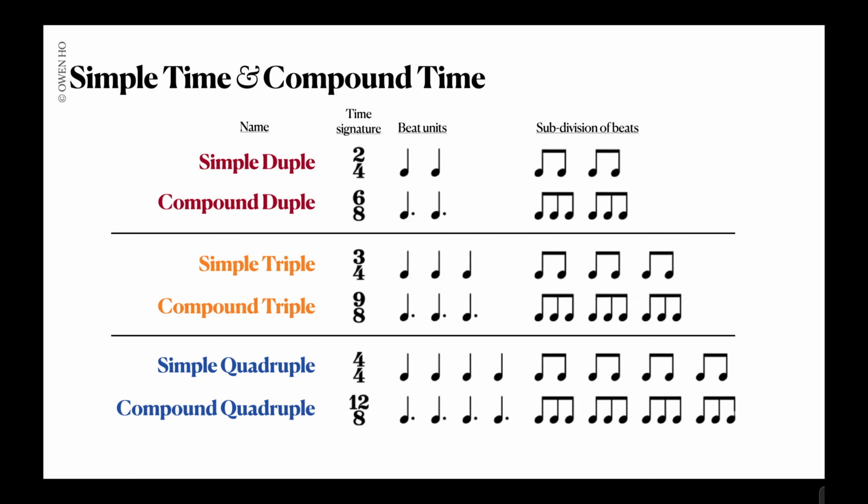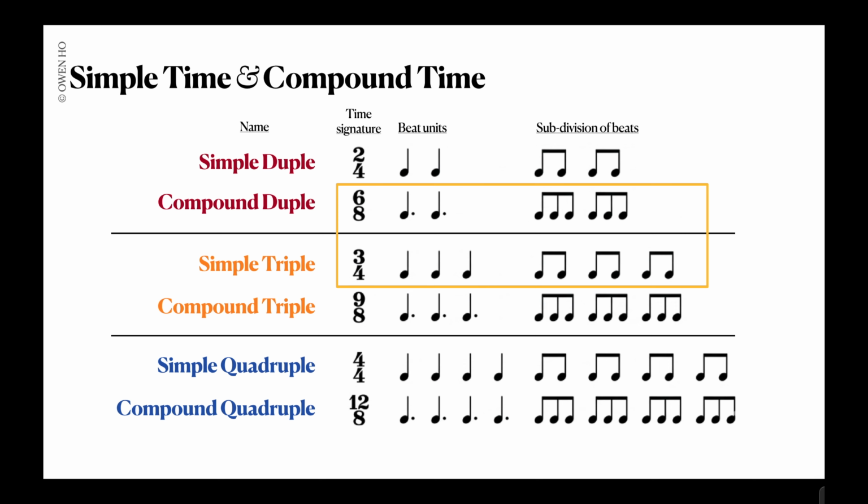One thing I often point out to my students is the difference between a 6/8 and a 3/4. Now, if we look at the subdivision of beats between these two times, they both share exactly the same number of quavers. In compound duple, we have 6 quavers in total, and in simple triple, we also have 6 quavers in total.